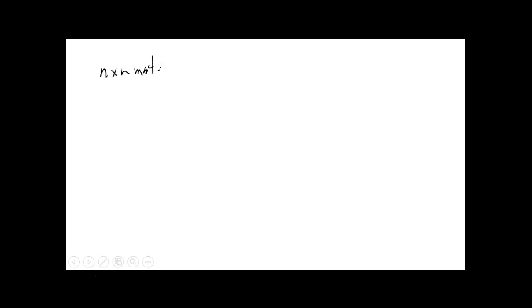Now this N by N matrix is an elementary matrix when it can be obtained.